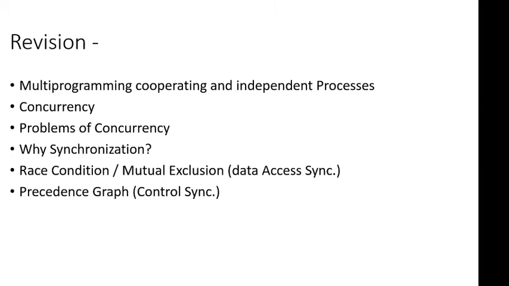Race around condition लाई हेर्ने synchronization र data access synchronization भन्छ, किनभने they are sharing common access to the same data. अनि एउटा proper race around condition लाई mitigate गर्छ, that is called mutual exclusion. अनि अर्को छ control synchronization, when the order is important, A must go before B, B must go before C. So त्यसलाई control गर्नु control synchronization भन्छ. How can you achieve this? We can achieve this with a precedence graph, which is a directed graph.